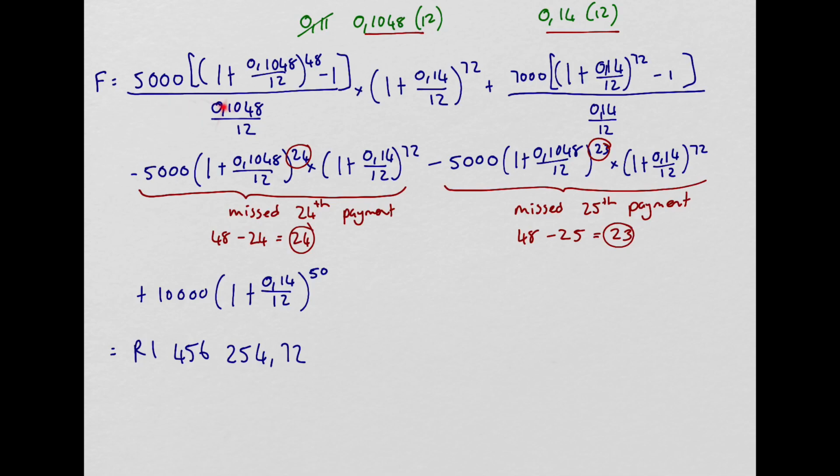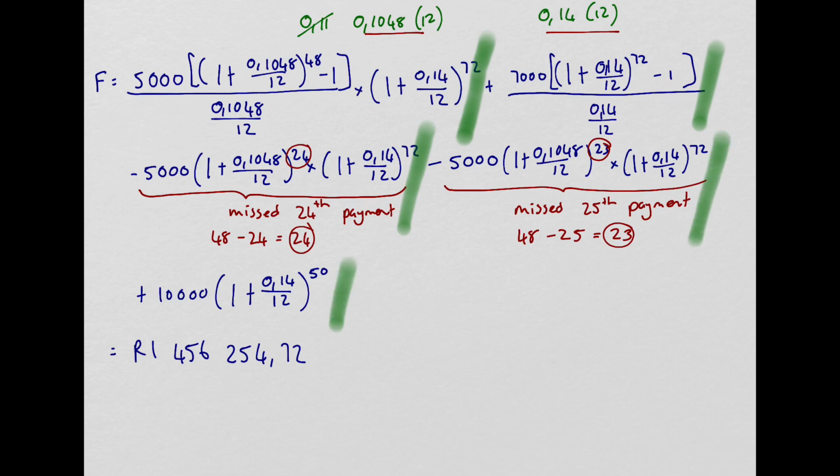So you're going to first put this onto your calculator, and then at this point you press equals. Then you put this on your calculator, and then at the end of that you press equals. Basically before every plus and minus sign you're going to press equals. So you're going to press equals again after that. You're going to press equals again after that, and then obviously right at the end to get your final answer.